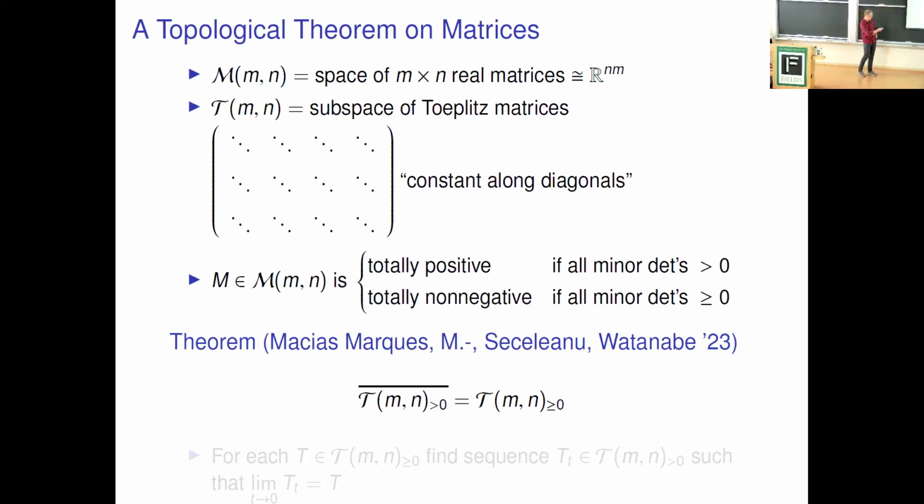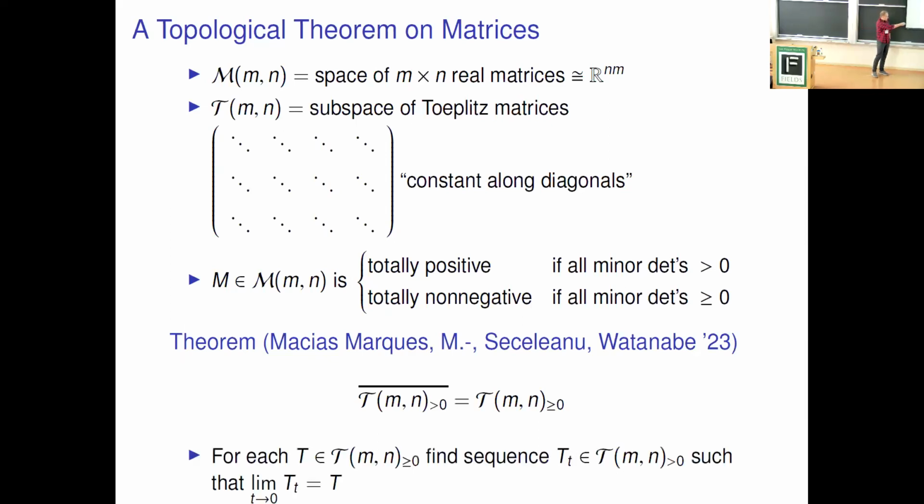One containment here is easy. The set of non-negative Toeplitz matrices is obviously a closed set. It's defined by some linear equalities and some polynomial non-strict inequalities. And so it's closed, so it automatically contains the closure of the subset of totally positive matrices.